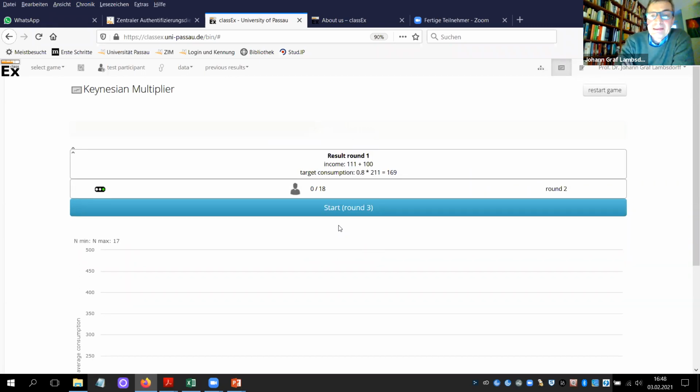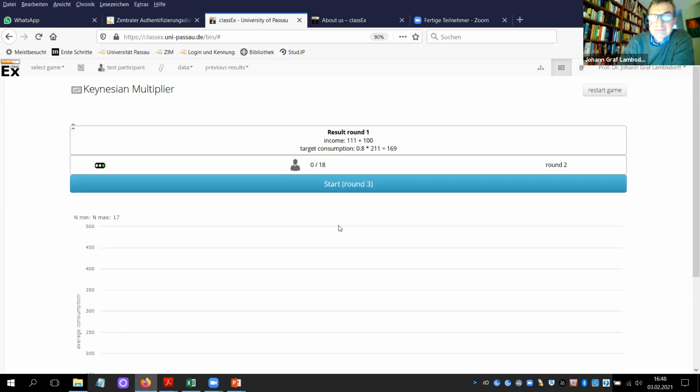Okay, the income was 111 plus 100. So the average consumption was 111. This plus 100 results in the income of 211. 0.8 times this income is 169.